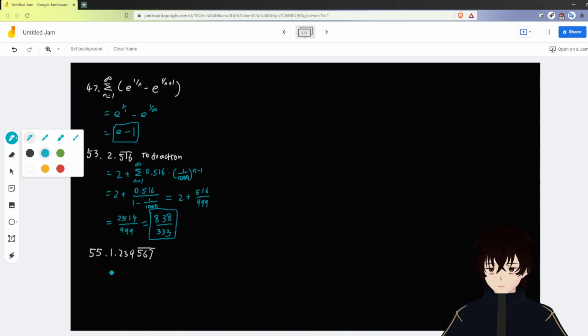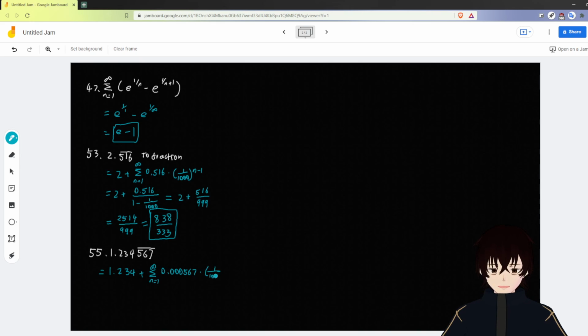So this is equal to 1.234 plus the sum from n equals 1 to infinity of 0.000567 times 1 over 1,000 to the power of n minus 1, which is equivalent to 1.234.